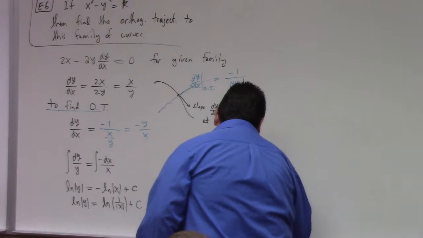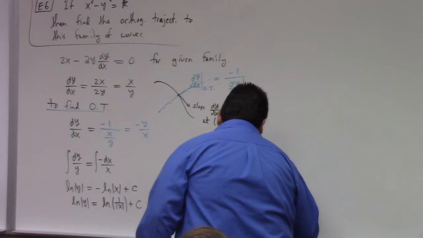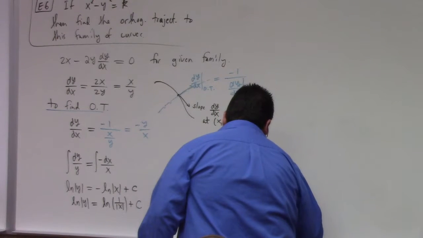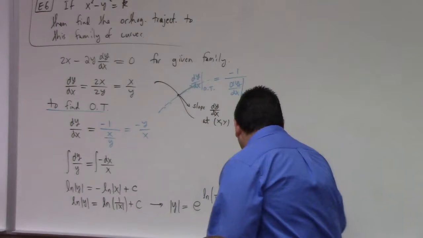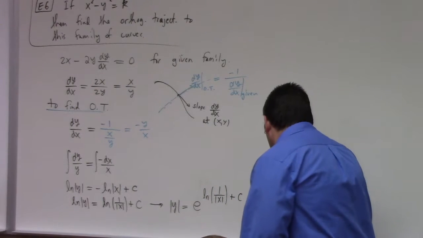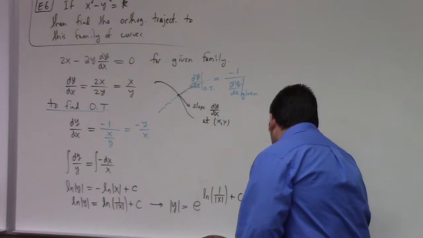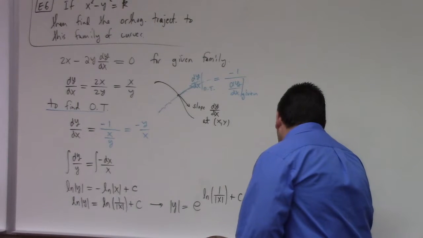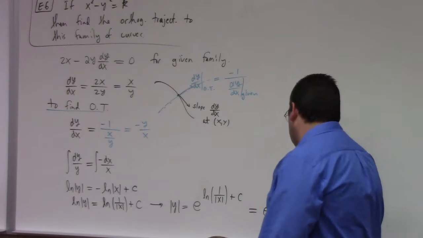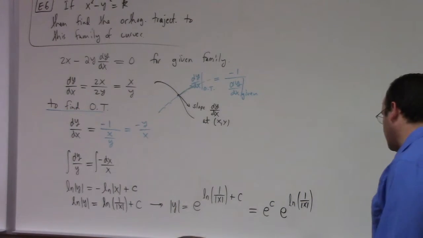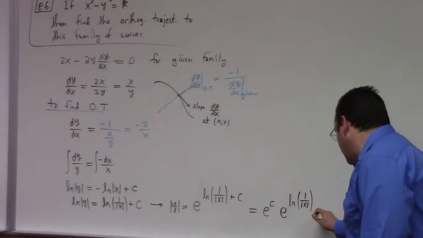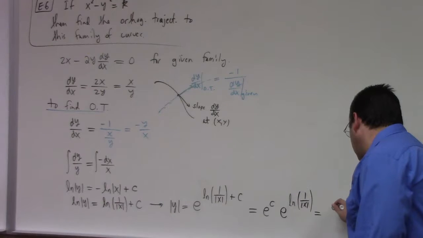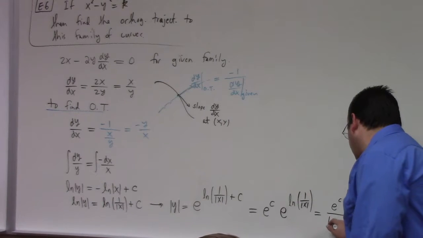Which is e to the c times 1 over the absolute value of x. Let me put another algebra step down here. e to the natural log of 1 over the absolute value of x. Sorry, I put the c first, but you can commute these, right? Anyway, this is e to the c over the absolute value of x.